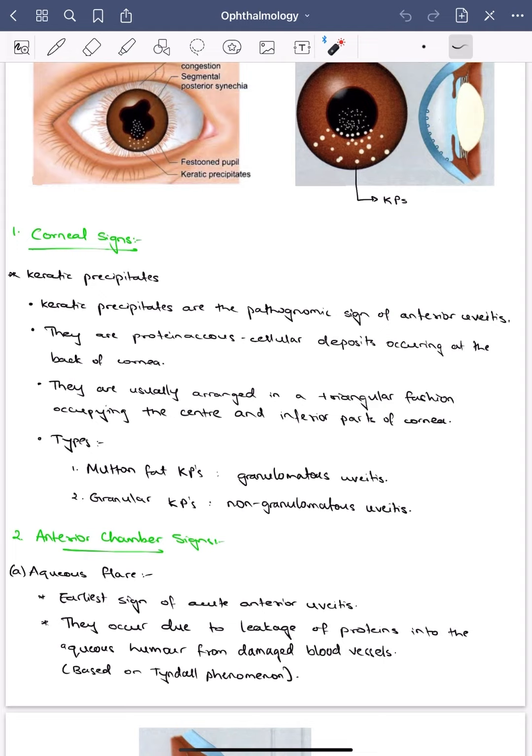Now there are many types of keratic precipitates. The two important ones are mutton fat keratic precipitates seen in granulomatous uveitis, and granular keratic precipitates seen in non-granulomatous uveitis. So these are the corneal signs.